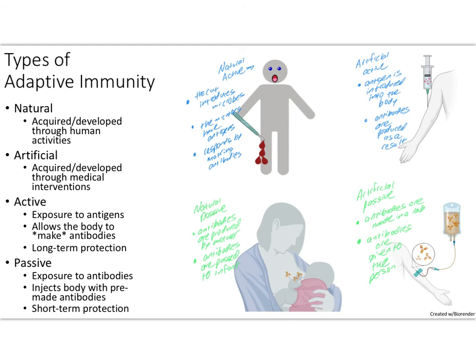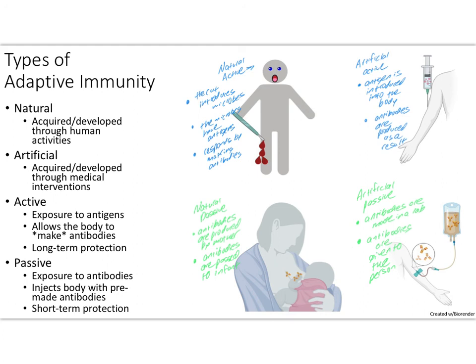They are going to go into the body, attach to the virus, and neutralize it so that the virus can't get into cells and infect them. And that is going to give the person at least a little bit of protection against that virus immediately. However, because that person did not make those antibodies themselves, that protection isn't necessarily going to last very long. If they want longer term protection, their body's going to have to make its own antibody to the virus.